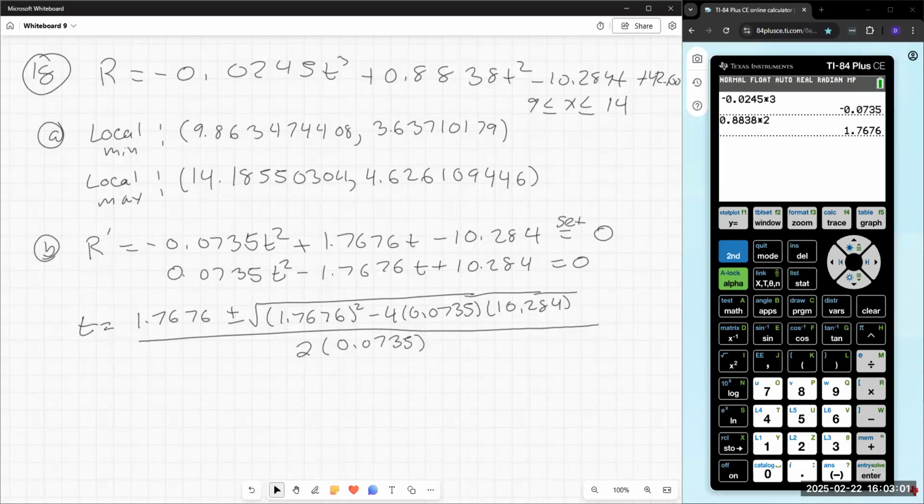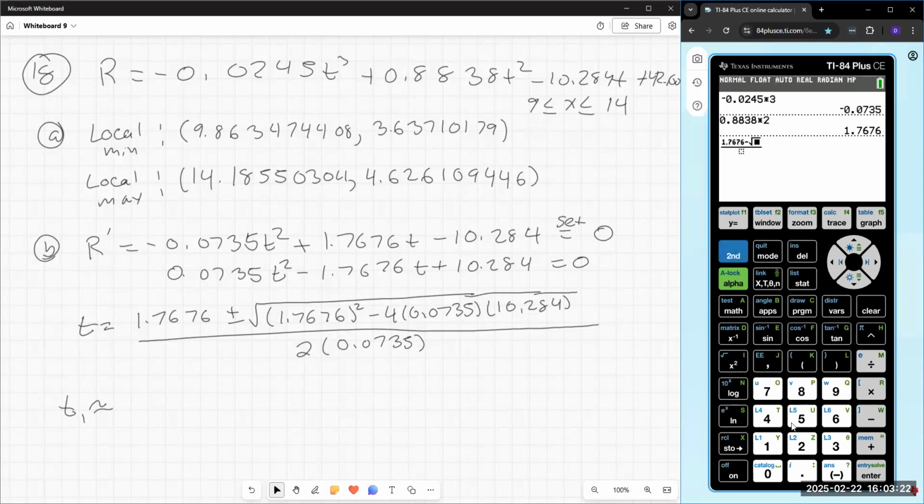And let's go ahead and do T1, where a is 0.0735, b is 1.7676, and c is 10.284. Let's do minus first.